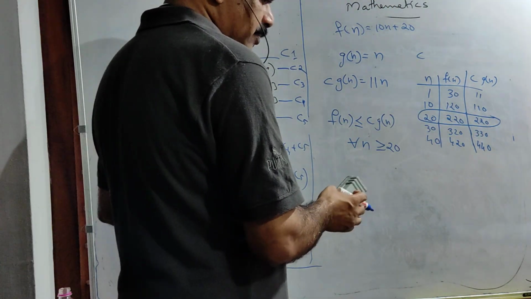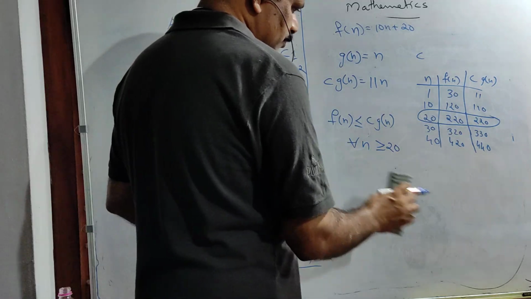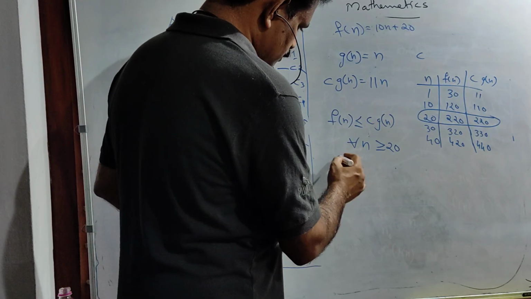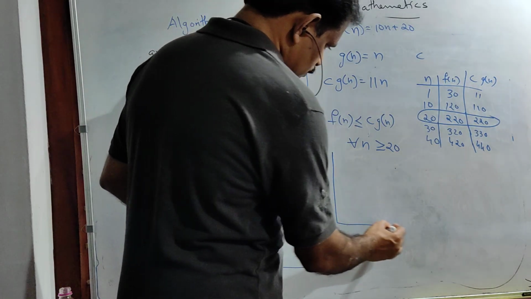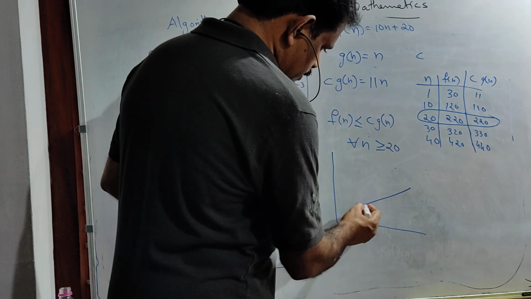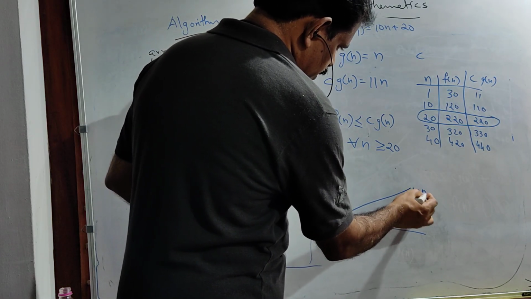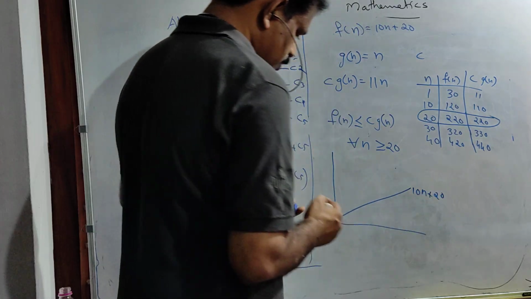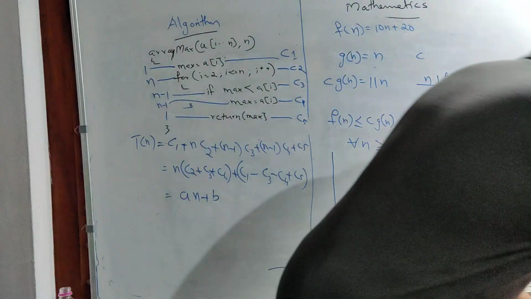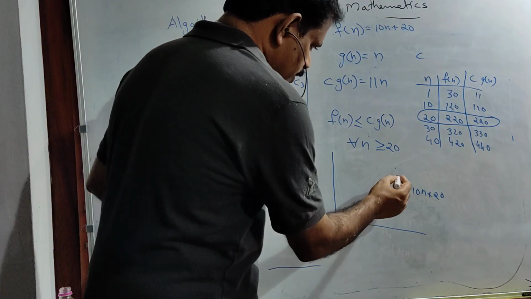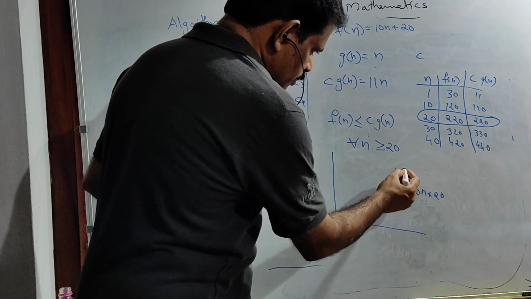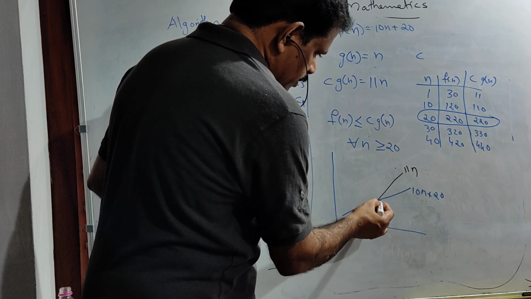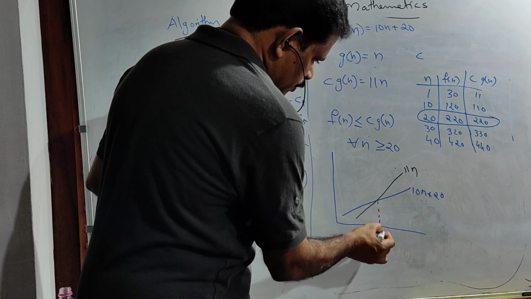Let us draw a graph. This will be your 10n plus 20 and this will be your 11n. This point will be 20.